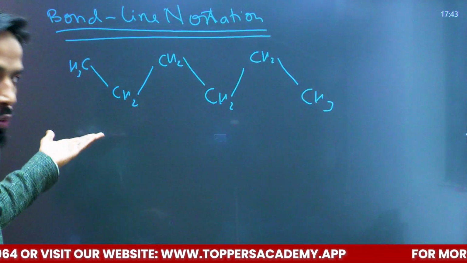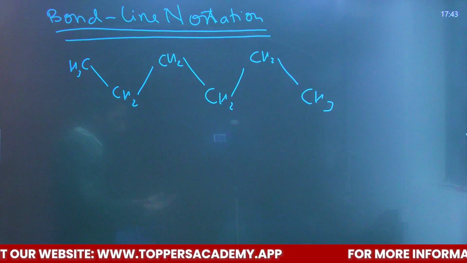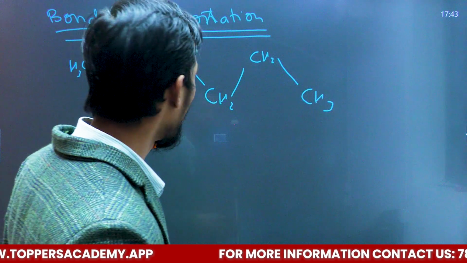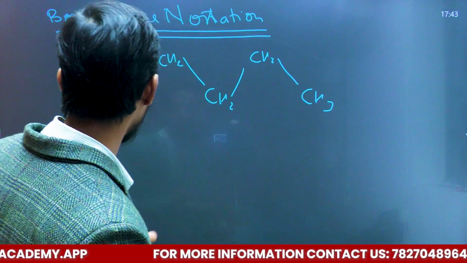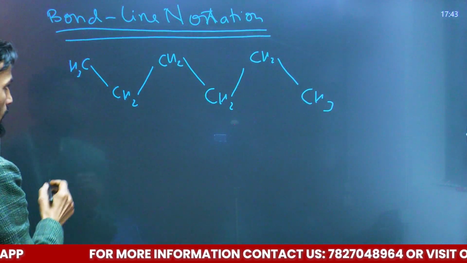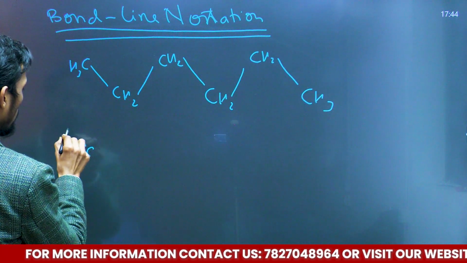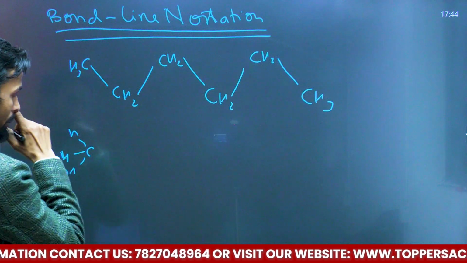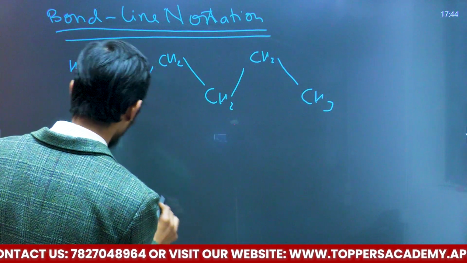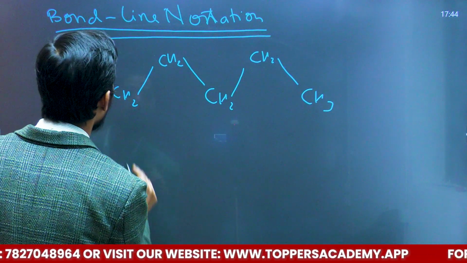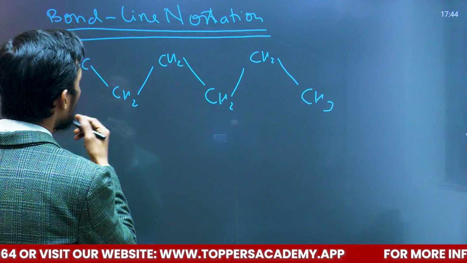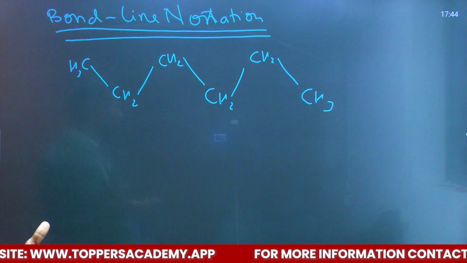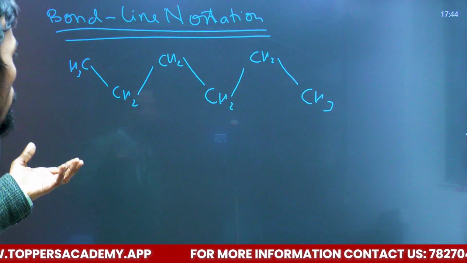So this is the first way. I will just go into the actual structure of this bond line notation, so that you understand how we will proceed. The actual structure was not like this. If you see the complete structure, this is actually a condensed structure type form, where we have omitted some of the dashes.